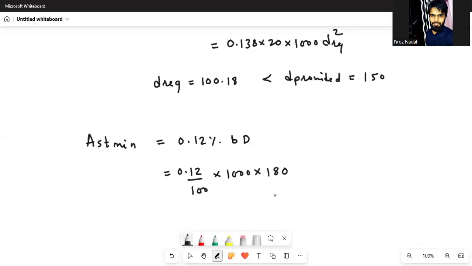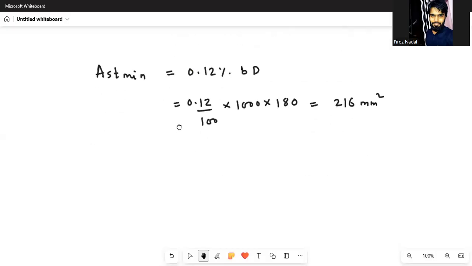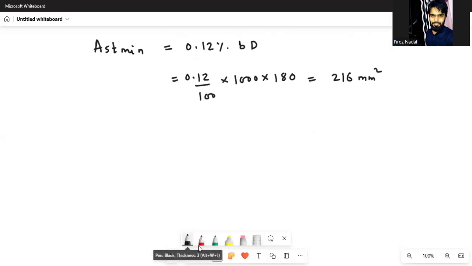Capital D, overall depth of the slab or overall depth of the side wall. So the minimum reinforcement is coming as 216 mm square. So whatever reinforcement that we will be calculating based on bending moment, it has to be greater than minimum reinforcement. If it is not greater than minimum reinforcement, then we have to provide minimum reinforcement. Okay, this point is clear.